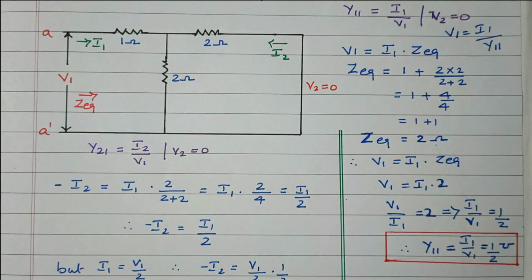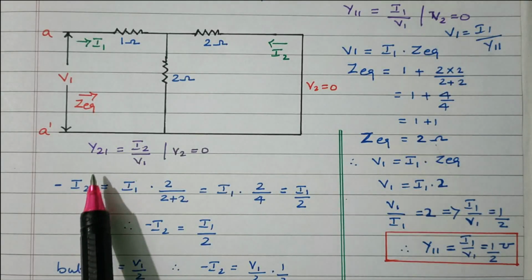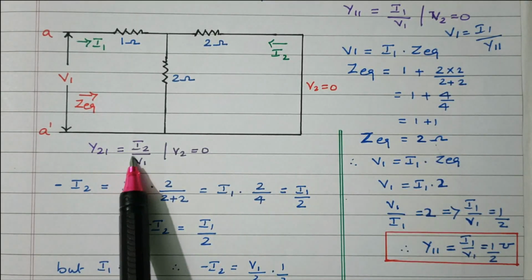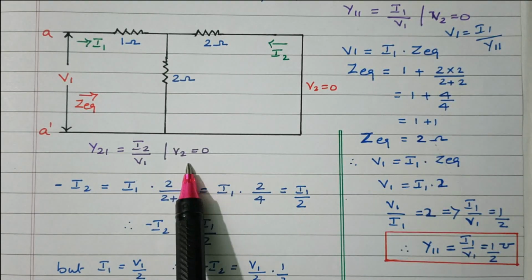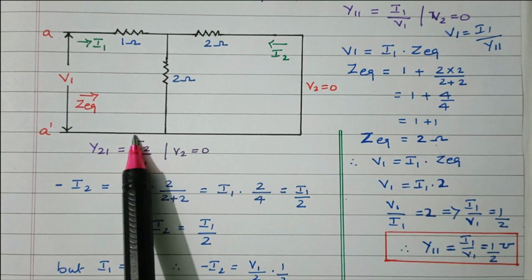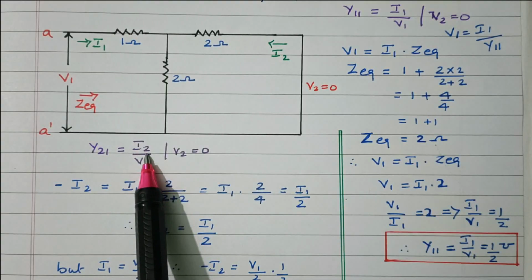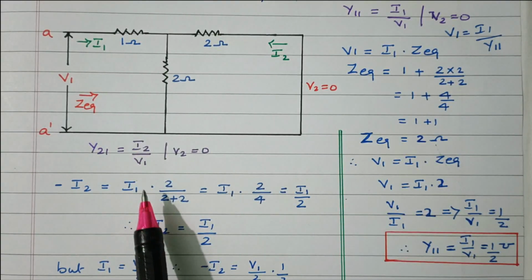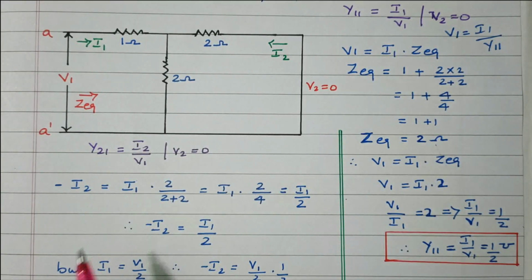So by making V2 equal to 0 and finding Z equivalent, we calculated one parameter. The next parameter is Y21 equals I2 by V1 with V2 equal to 0. Here we need the I2 value. By calculating I2, we are able to find Y21. What is I2 here?